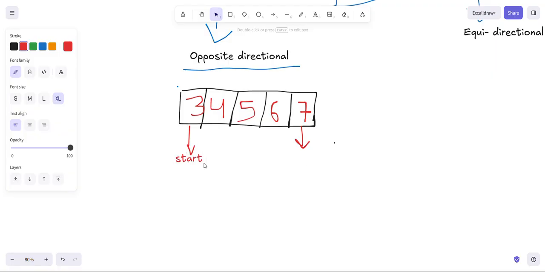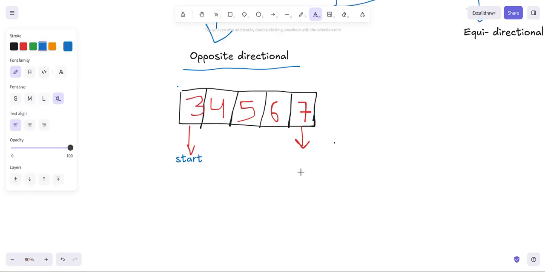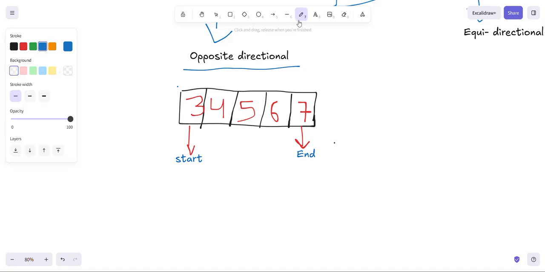This is the start pointer and this one is the end pointer. Both are pointers, and the start pointer will go in the right direction and the end pointer will go in the left direction, for a specific value if we are finding any.